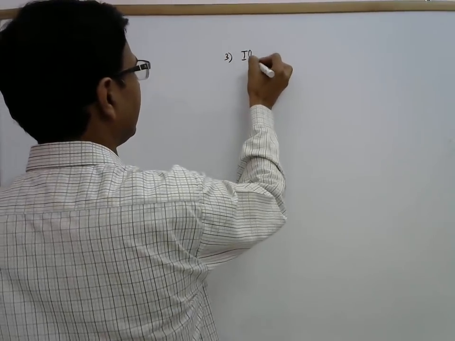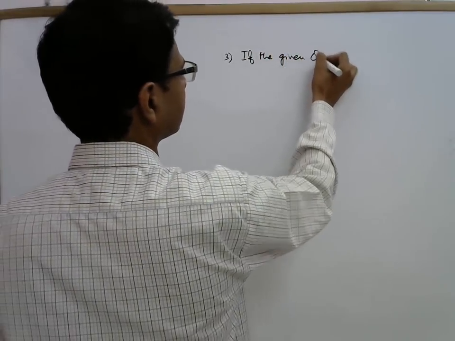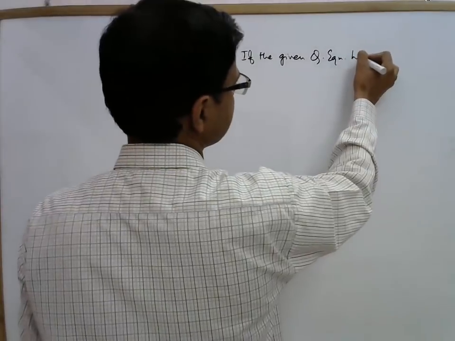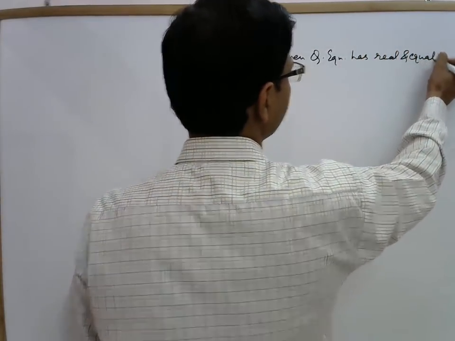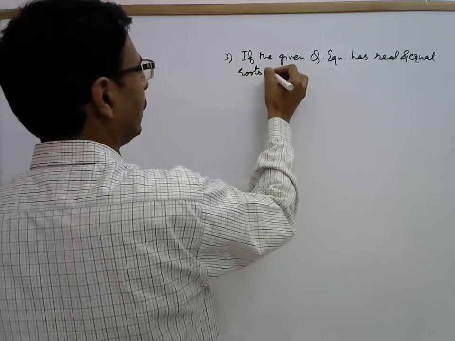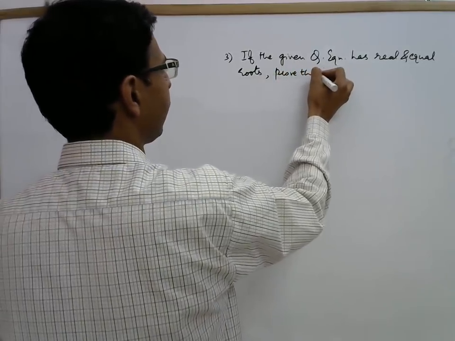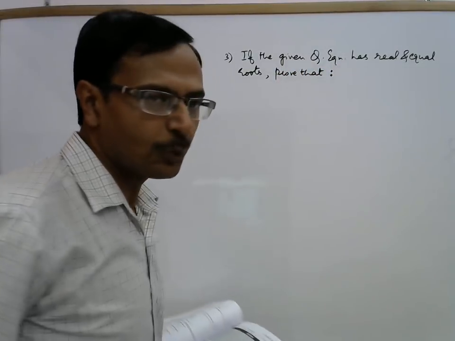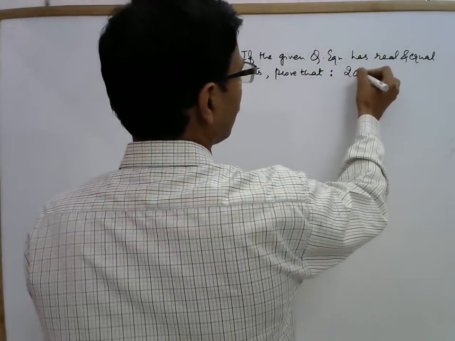If the given equation has real and equal roots, prove that 2a equal to b plus c.